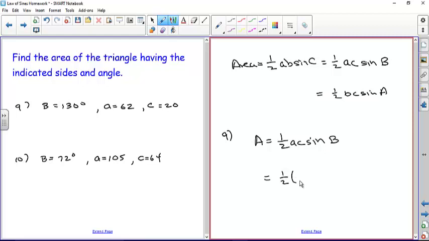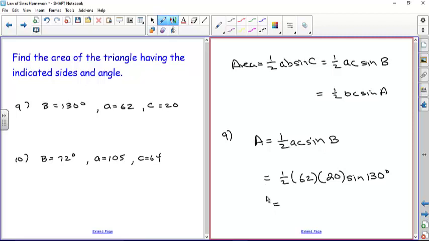So A is 62 whatever units, C is 20, sine of 130 degrees. So 0.5 times 60 times 20 times the sine of 130.